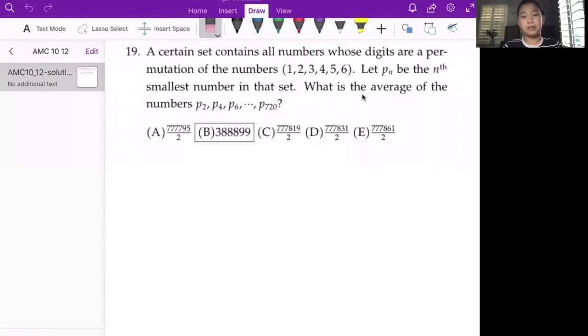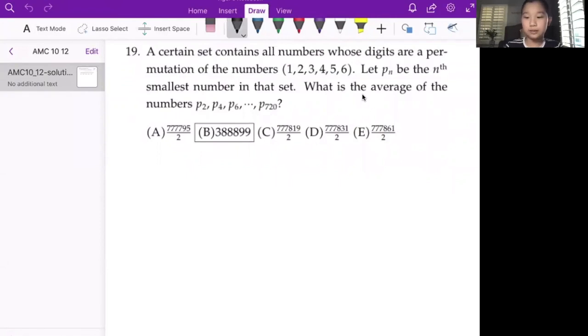Problem 19. A certain set contains all numbers whose digits are a permutation of the numbers 1, 2, 3, 4, 5, 6. Let Pn be the nth smallest number in that set. What is the average of the numbers P2, P4, P6, all the way to P720?